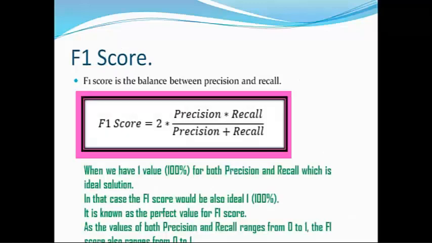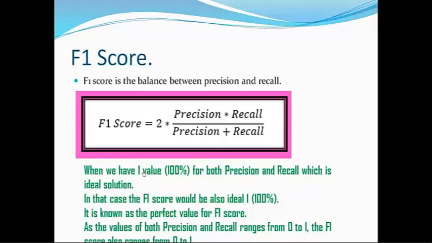Now the F1 score. The F1 score is the balance between the precision and the recall. The formula is 2 into precision into recall by precision plus recall. This is the formula of the F1 score. When the calculation of the F1 score comes to 1, that means 100% for both the precision and the recall.